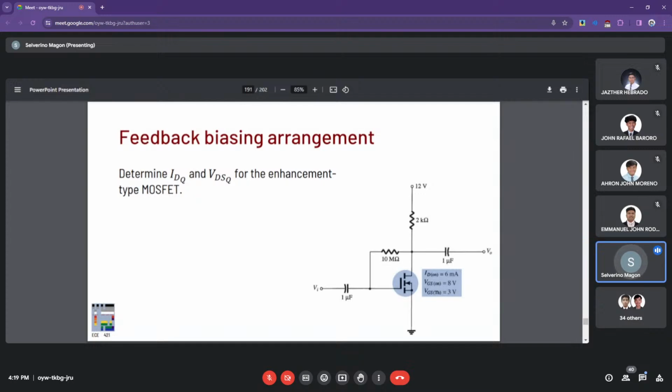That's why the threshold voltage should be properly defined. Once we reach the threshold voltage for the gate-to-source potential, that provides a sufficient path so that current can flow across the drain to source. Those are the conditions. Now, VGS on is at 8 volts, threshold is at 3, and the drain current at that condition is at 6 milliamps.